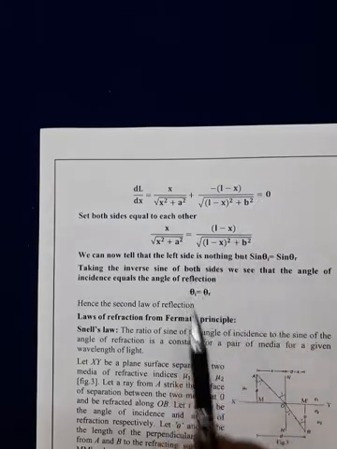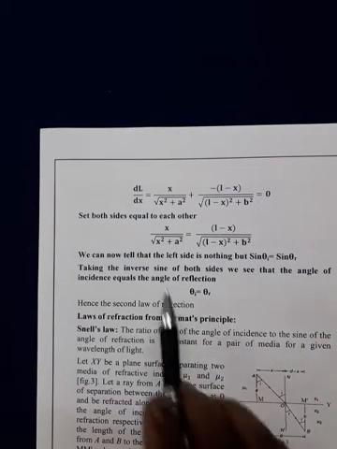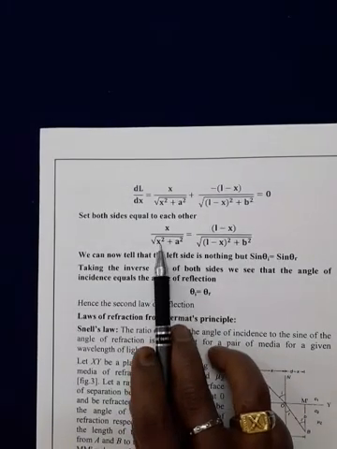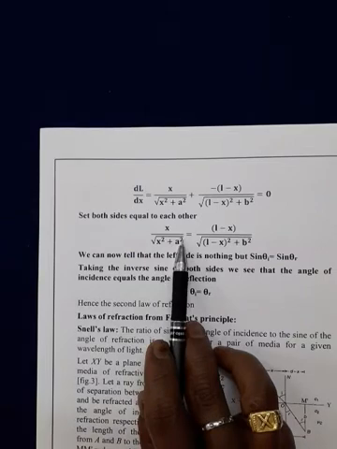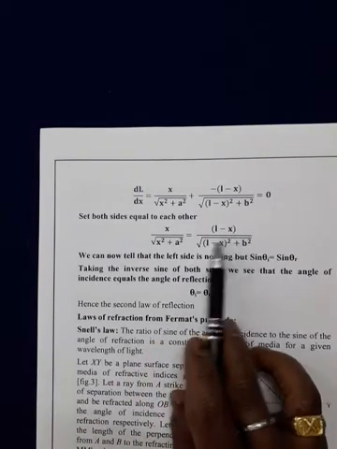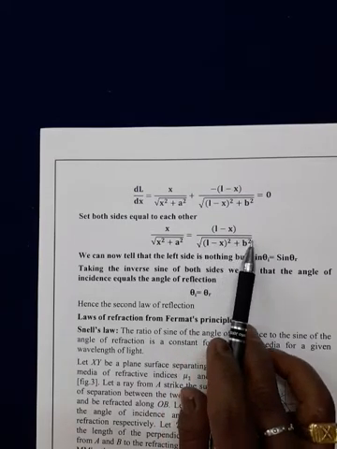So set both sides equal to each other. That is x divided by under root of x square plus a square equal to (L minus x) divided by under root of (L minus x) square plus b square.